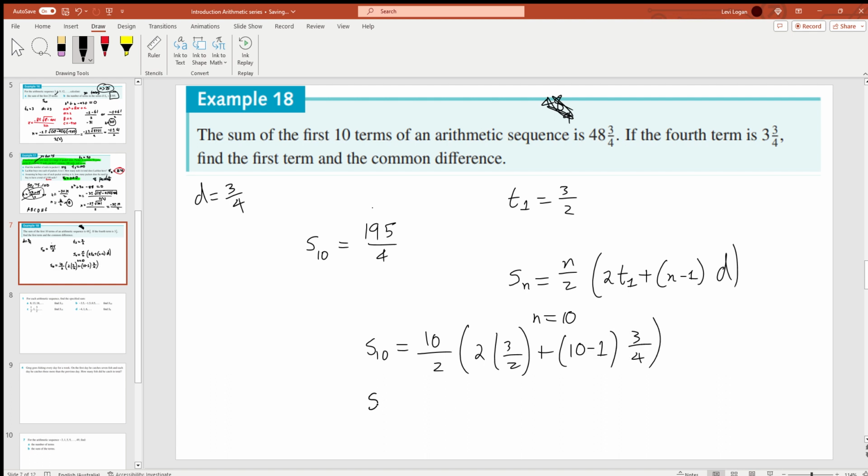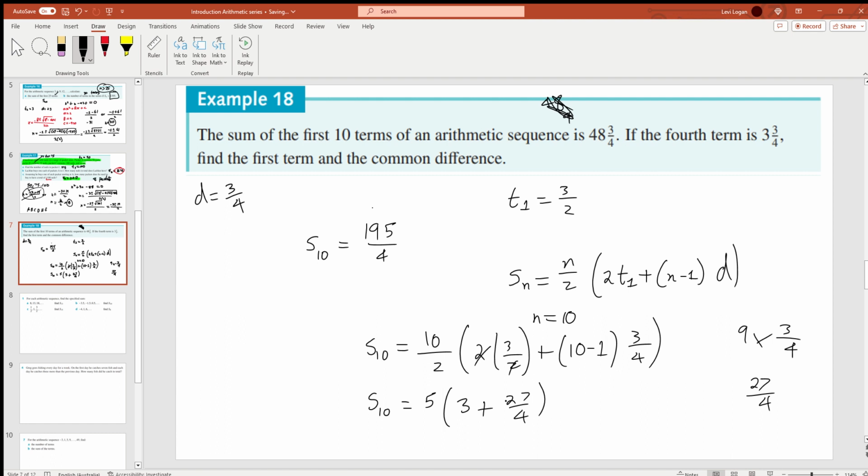So S of 10 is 5 times, that'll cancel, so you get 3, and then we have 9 times 3 on 4. 3 times 9 is 27, so you're going to have plus 27 on 4.